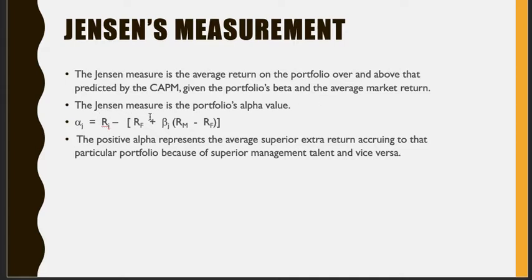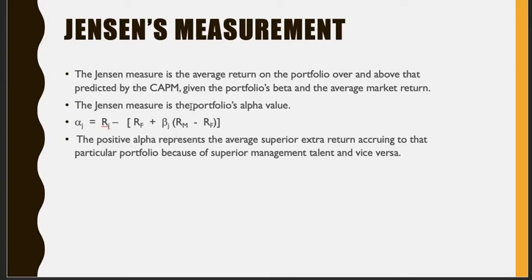The Jensen measure is the portfolio's alpha value, so we are going to calculate the alpha value, where alpha is equal to R_J, the expected return or the actual return, minus the required rate of return using CAPM. You have to go back and look at your CAPM notes. In CAPM, we calculate the required rate of return as the risk-free rate plus beta times R_M, the market return, minus R_F, the risk-free rate.